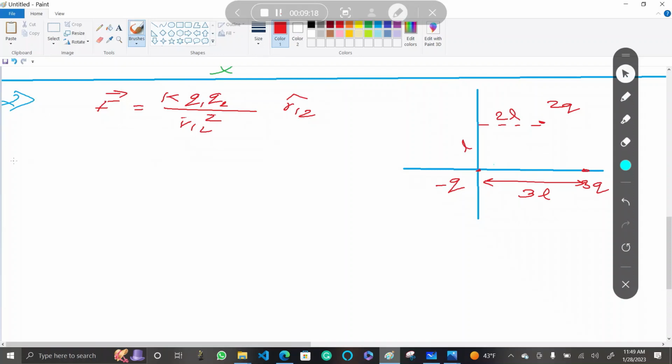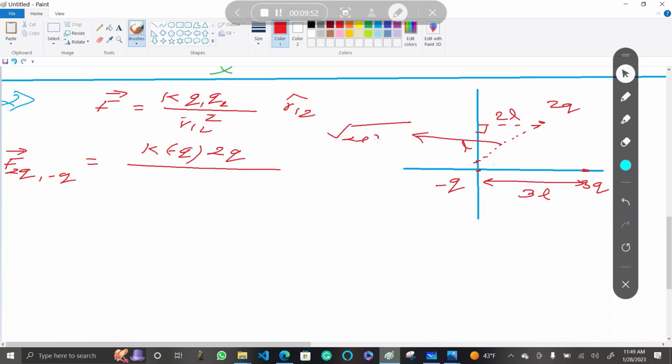So let us calculate the force on the charge 2q due to the minus q charge, which is equal to k times q1, our source charge, which is minus q, and the destination charge 2q, because we are interested in finding the force at that point, divided by the distance squared. The magnitude of this distance you can get by the Pythagoras relation, since this is 90 degrees: L square plus L square.